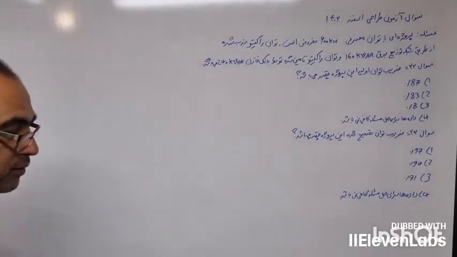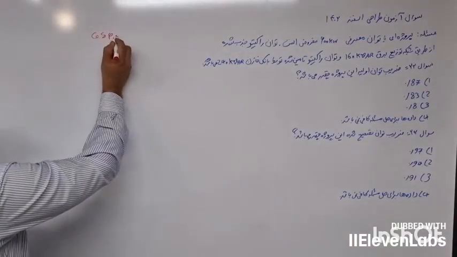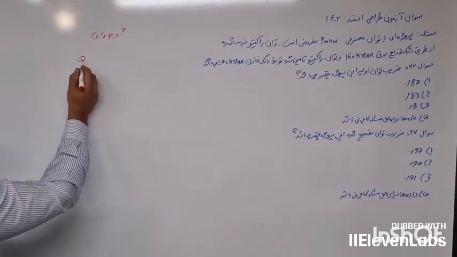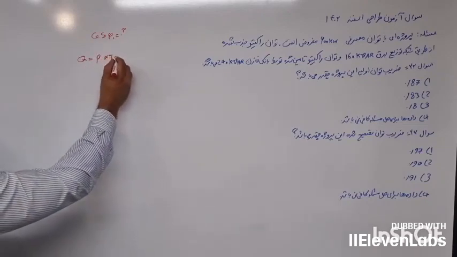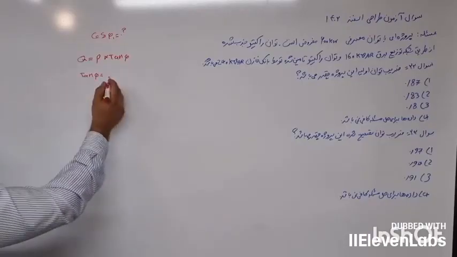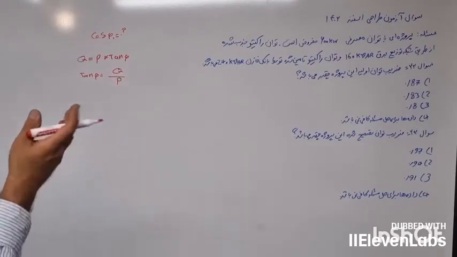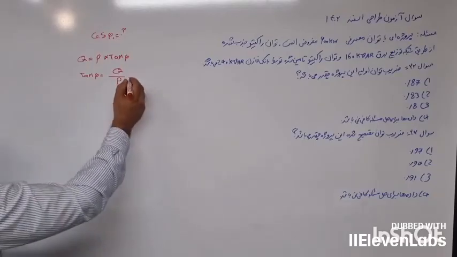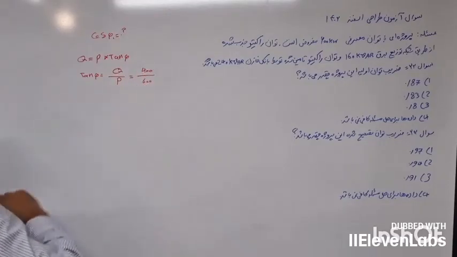To find the initial cosine phi, we have a formula: tangent phi equals Q over P. The reactive power Q is understood from the sum of these two, which is 400 kilovars. So instead of Q, we use the number 400, and the power P is 600.